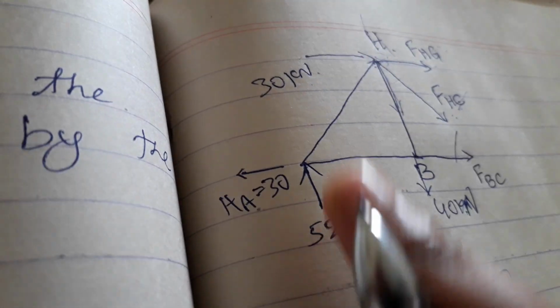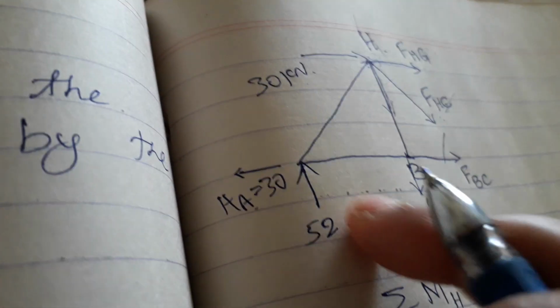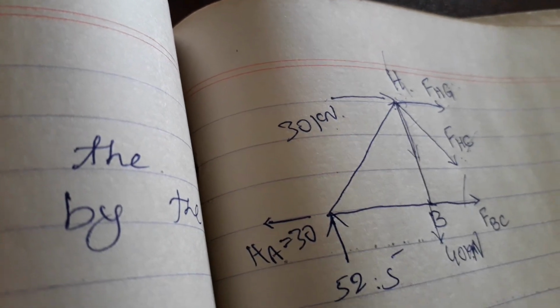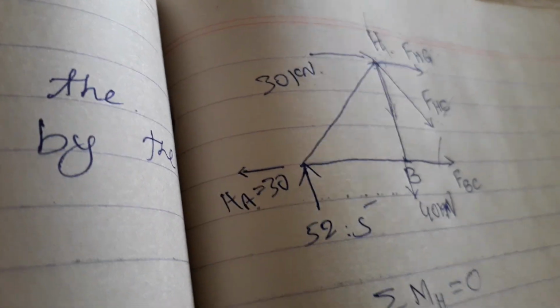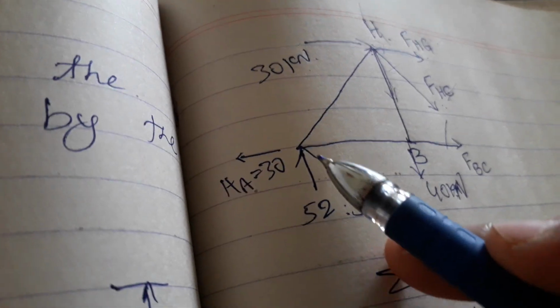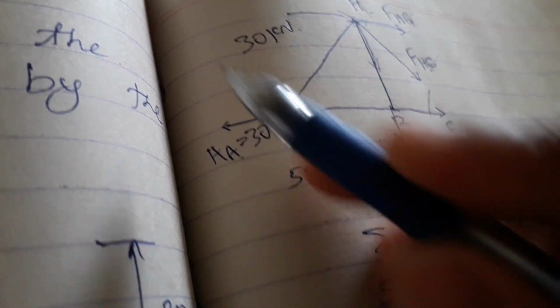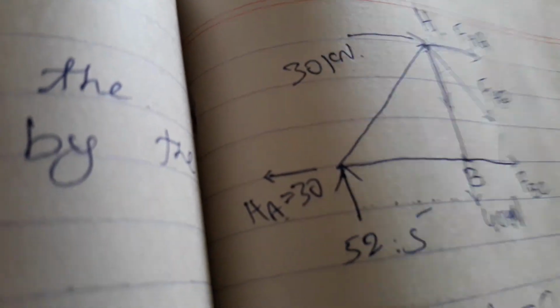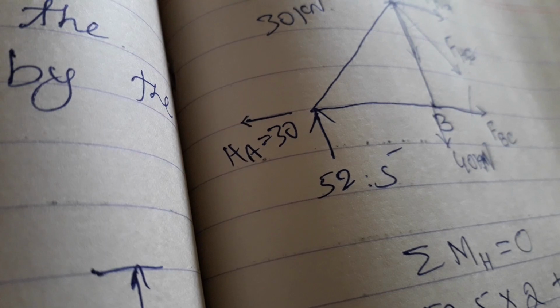So now write the moment equation. 52.5 into perpendicular distance from H, which is 2 meter. 52.5 into 2. And then for 30, the 52.5 makes clockwise, HA also makes clockwise, so it will be like 30 into 2.